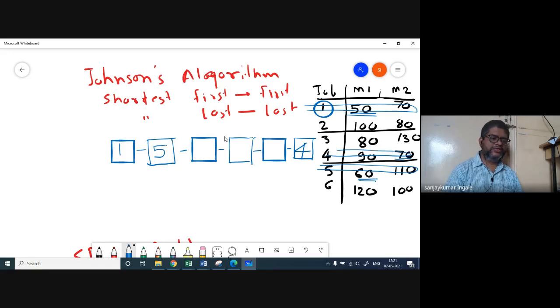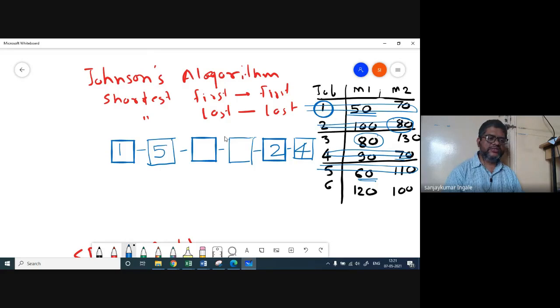Are you getting all, students? Yes, sir. Now, which is the next shortest? Now there is a tie. There is number 80 here, and here is 80, and both are shortest. But it can be easily broken because this 80 shortest is for the last operation. Is it? And the shortest last operation is to be scheduled last. So job 2 is to be scheduled last.